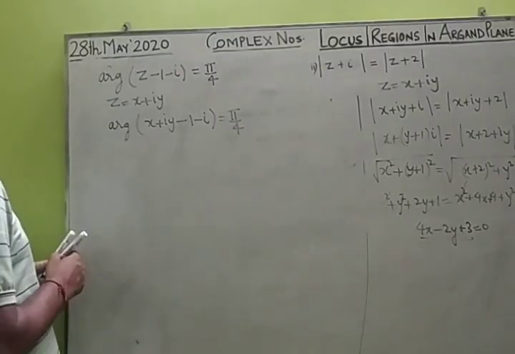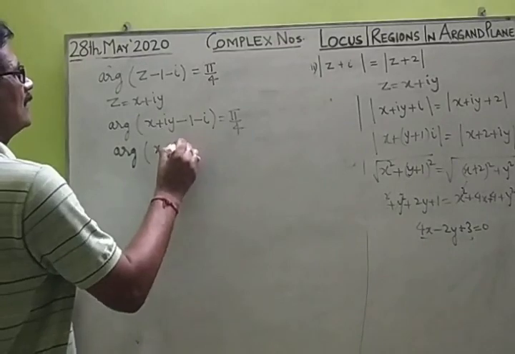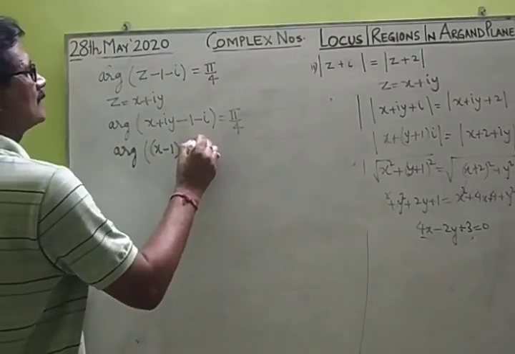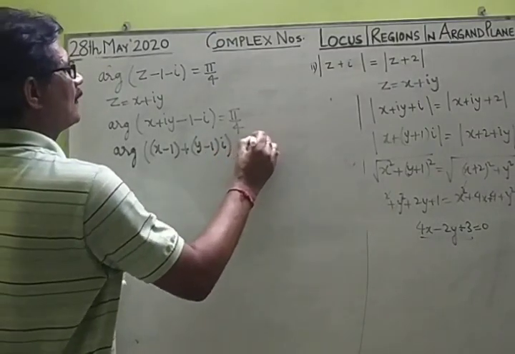Separating the real and imaginary parts here, we have argument of (x minus 1) plus (y minus 1) times i is equal to pi by 4.